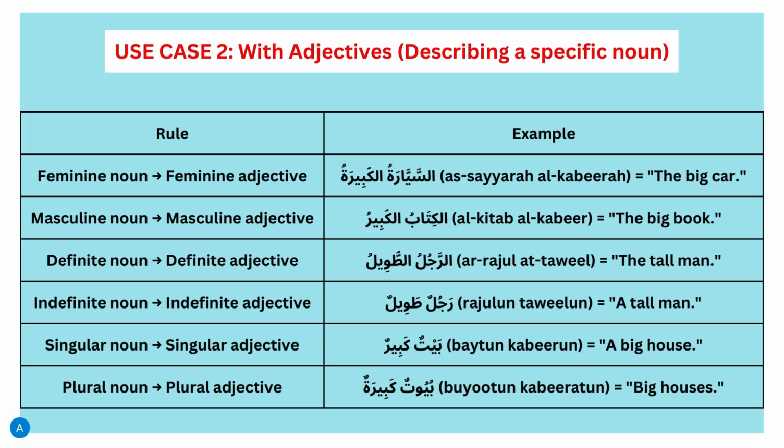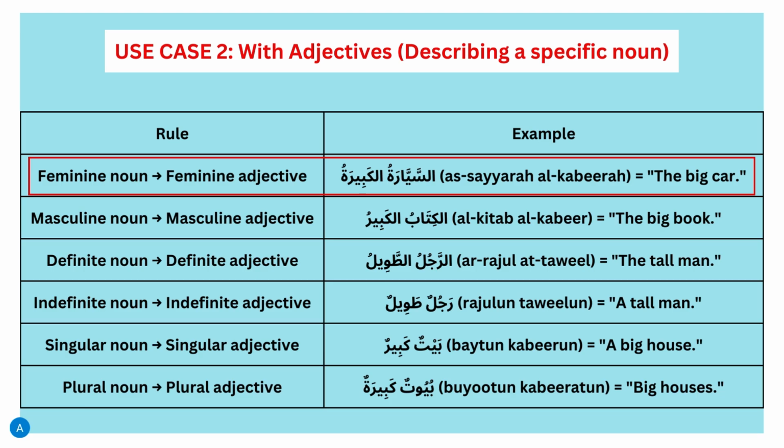Let's summarize use case 2, where we try to describe a single thing, in the sense of describing a specific noun using adjectives. So, a feminine noun should follow a feminine adjective. Example, as-sayyaratu al-kabiratu.